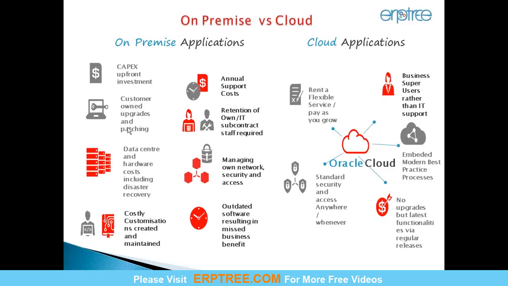In on-premise, the customer has to do their upgrades. If you go with the cloud, that too the SaaS model, Oracle will do the upgrade on our request. Patching should be done by the client DBA team, but in case of cloud, Oracle DBAs will do the patching.